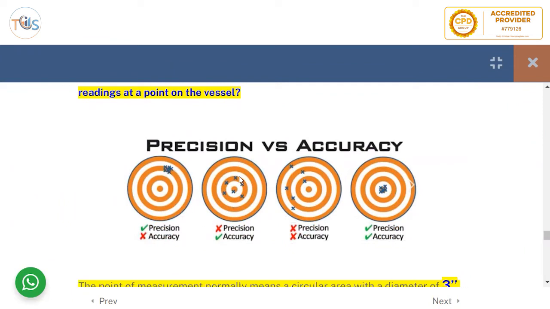On the second figure, the readings are all over the place, but they are almost around the readings that you expect, so it's accurate but you don't have precision. Here it's all over the place, neither accurate nor precise. And when everything is together, there is not much variance, so it's not only accurate but also precise.